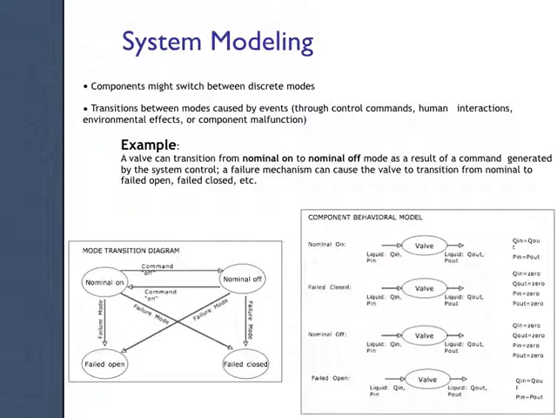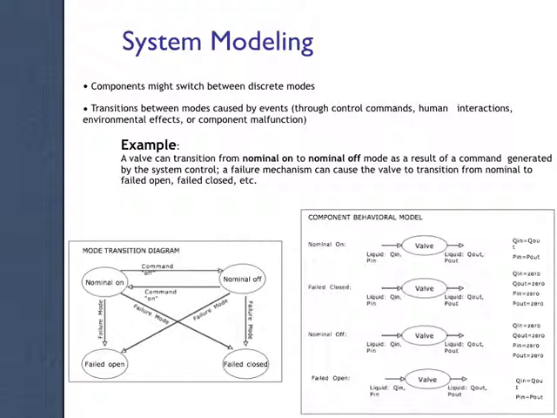And in a failed open, the flow in and the flow out are the same, and the pressure in and the pressure out are the same. So what you might notice is that failed open and nominal open actually have the same behavior, as well as failed closed and nominal off. Which makes sense because they're, again, the same state, except that one's failed and one's nominal.